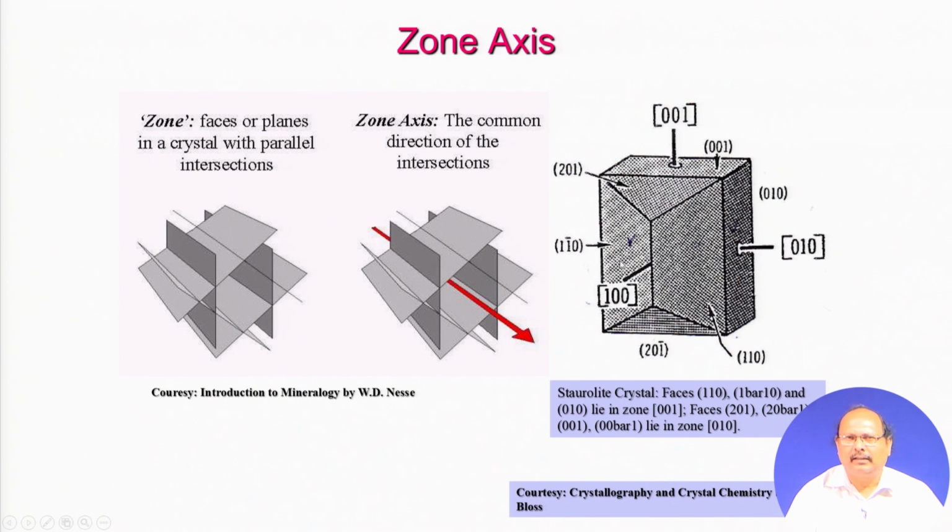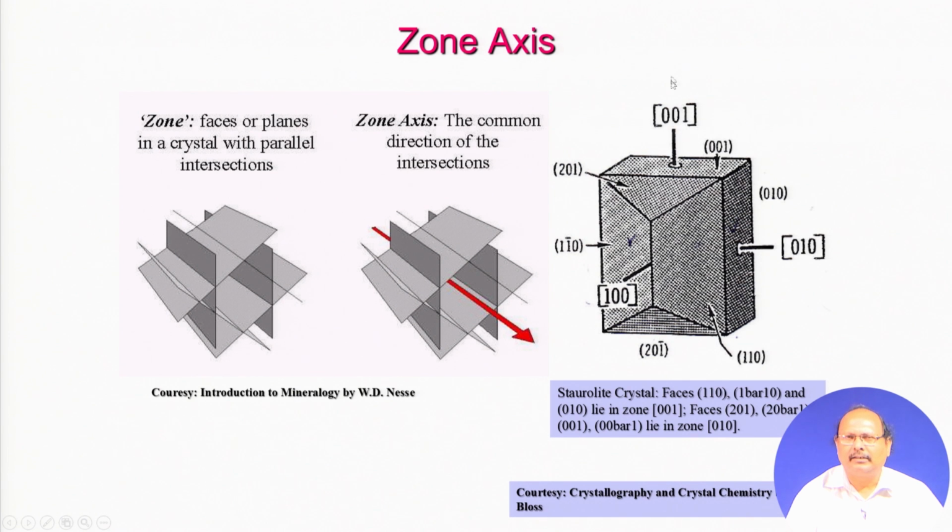That means these three faces here, 1 1 0, 0 1 0, 1 bar 1 0, and also the fourth face, which is opposite to 0 1 0, that means 0 bar 1 0, they lie in one zone, and that direction, the zone axis, is this line here. And what will be the symbol of this line?